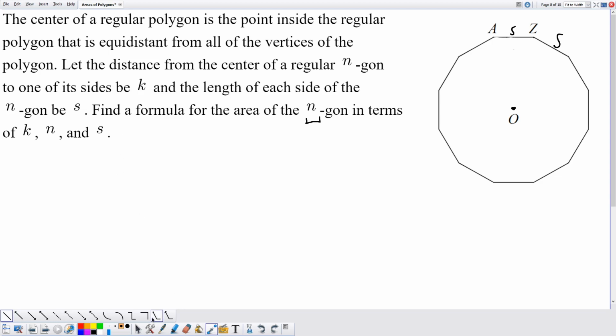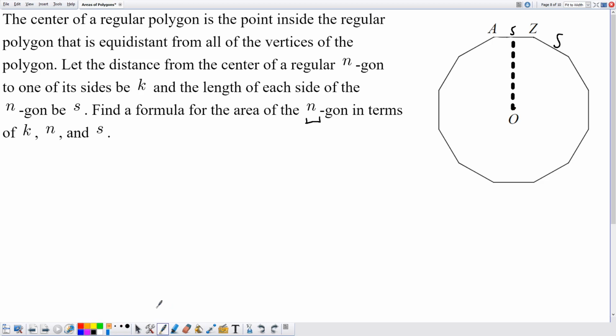So, in our problem, we have that the length from the center to one of the sides, like AZ for instance, is what we call k, the distance from the center to one of the sides.